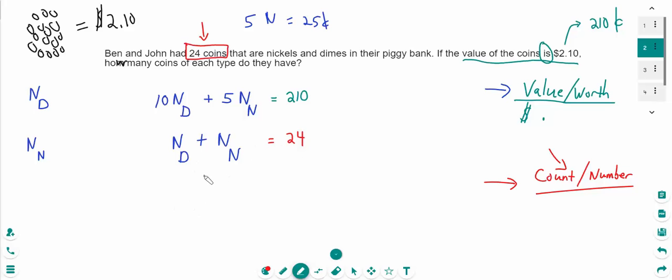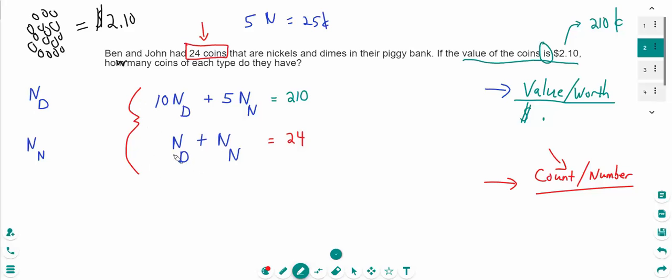All right, very good. So now we end up having two equations that we've pulled out of the story problem. And we're going to call this a system of equations because they're all related to the same quantities, the same story problem. And we need to ask ourselves, well, now how can we find the number of nickels and the number of dimes? Well, this is where, like I said earlier, we can employ some of our tools from our toolbox for solving systems of equations.